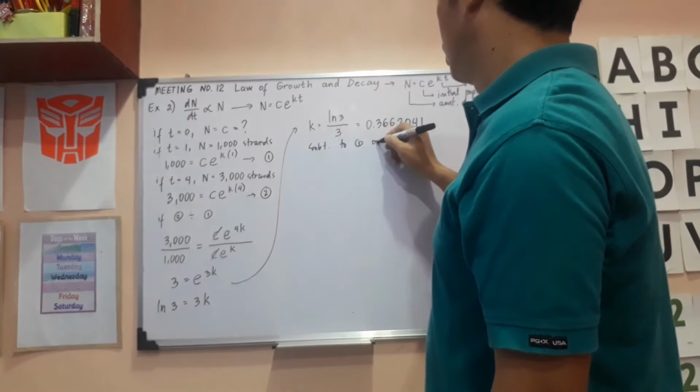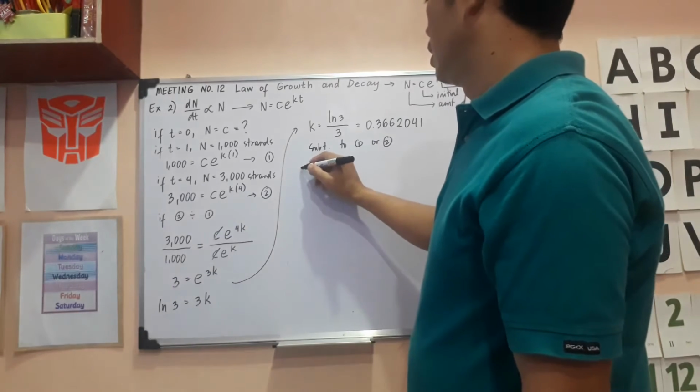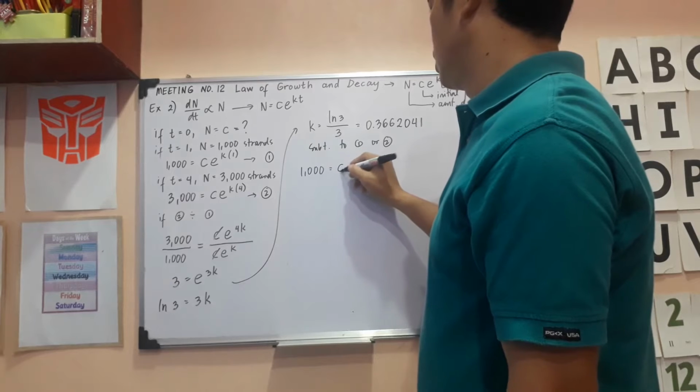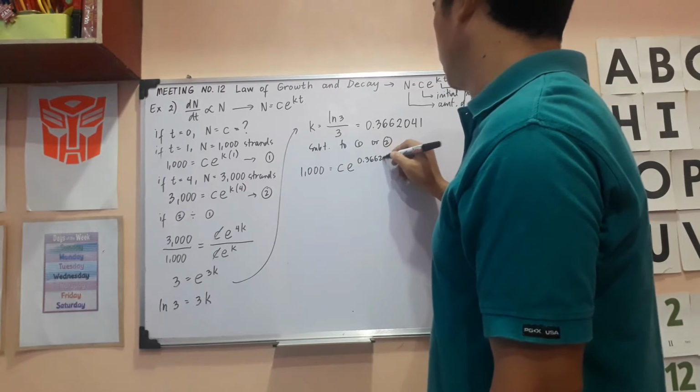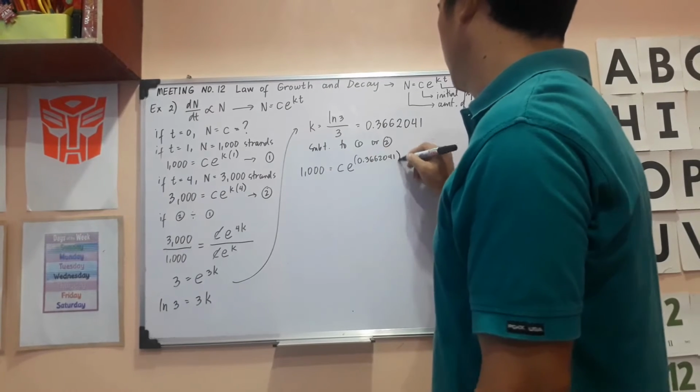Equation 1 or 2. Let's say sa 1. 1,000 is equal to C e raised to 0.3662041 times 1.